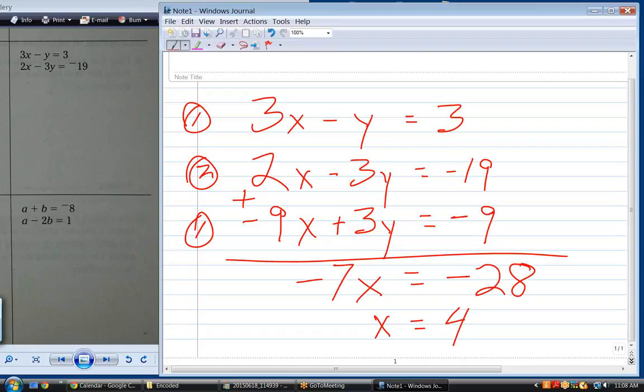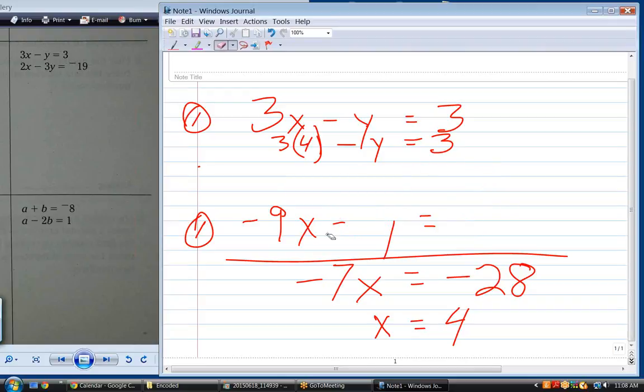Yeah, so I think we should do it to the first equation. So it'd be 3, and then the 4 takes the place of the x, minus y equals 3. Okay. So what's the easiest thing to do now to solve for y?